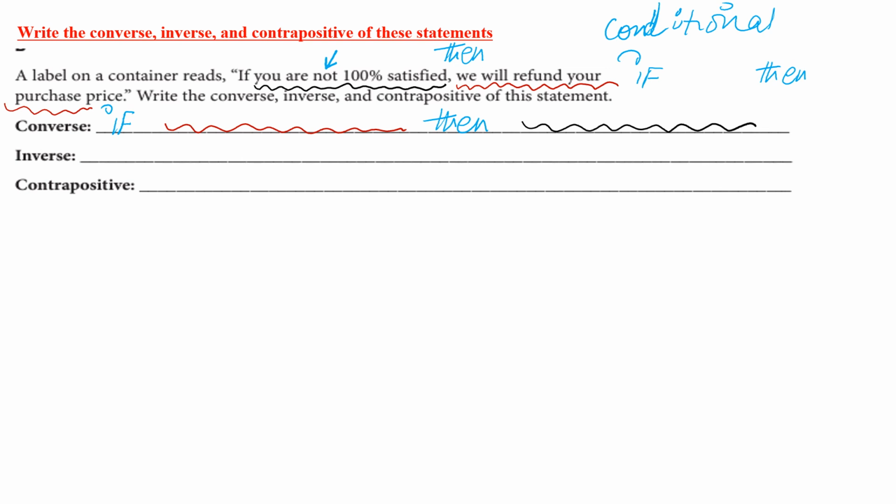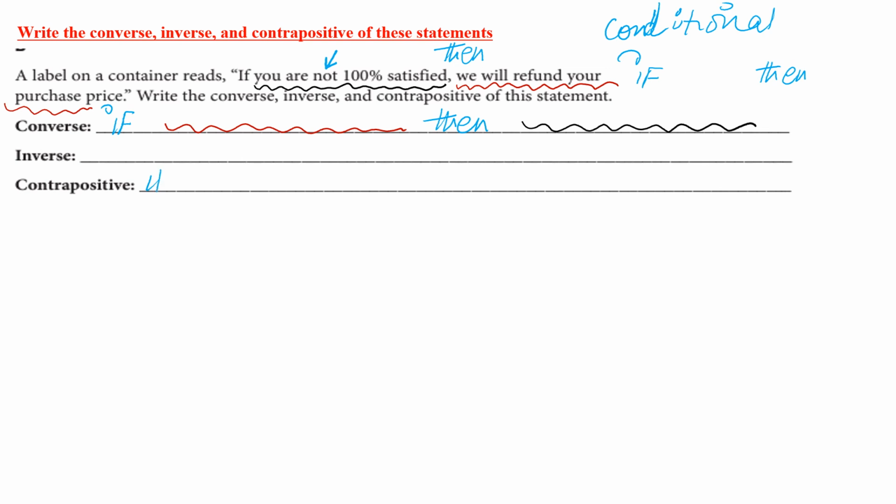I will just remove the not and make it an affirmative statement. It means if you are 100% satisfied, then we will not refund your purchase price. So the first statement becomes affirmative and the second becomes a negation. Wherever there was a not, I am removing it, and where there was no not, I am adding it. So inverse is the negation of my conditional statement.